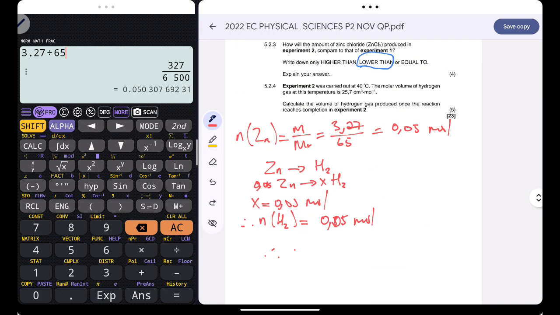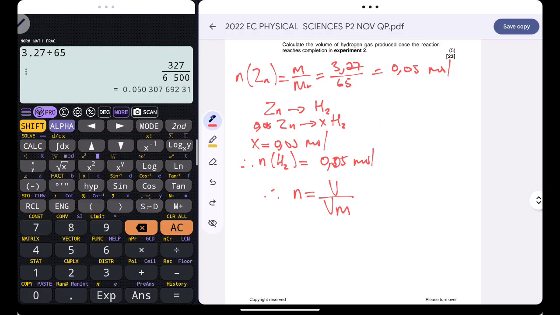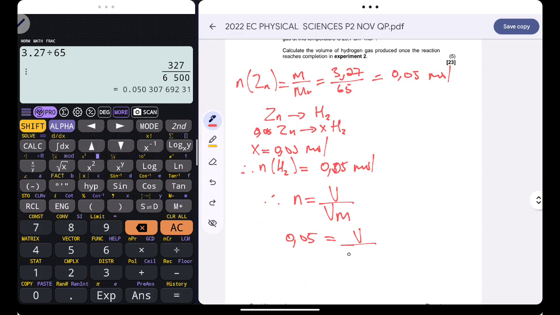So after this, I'll simply say n is volume of the gas divided by the molar volume. I know that n is 0.05. I want to know how much volume of the gas I will get. The molar volume is 25.7 decimeter cubed per mole. So for me to find the volume, I'll simply take 0.05 multiplied by 25.7.